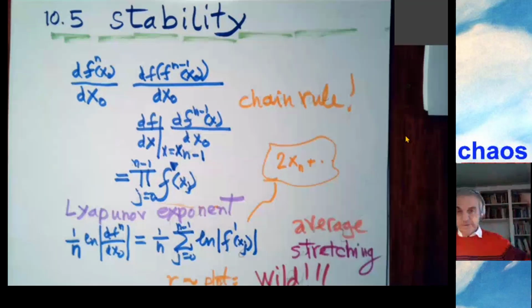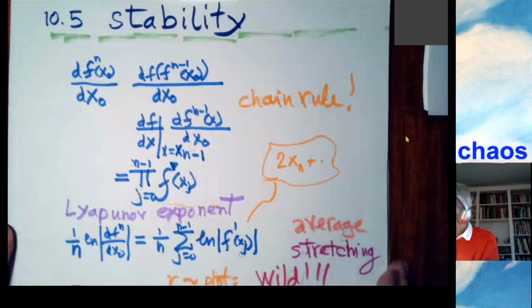You move through the state space. Here you're fast, here you're slow, because the laws are nonlinear. They weigh different regions differently. And stability also says that the local rate of stretching or shrinking depends on where you are.